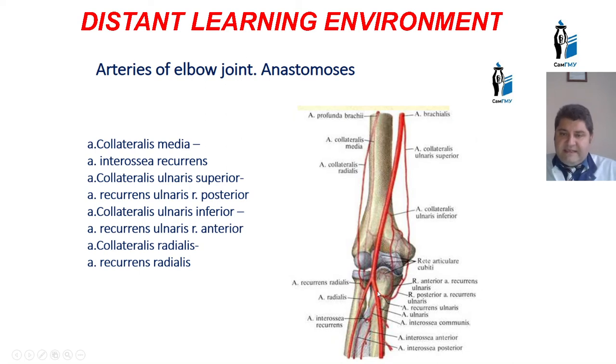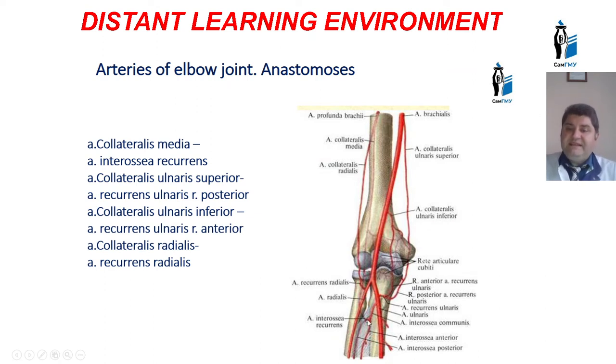You may see that the ulnar artery has a branch called the common interosseous artery, under my pointer, and you may see that the common interosseous artery divides into two main branches, arteria interossea recurrens and arteria interossea anterior et posterior.